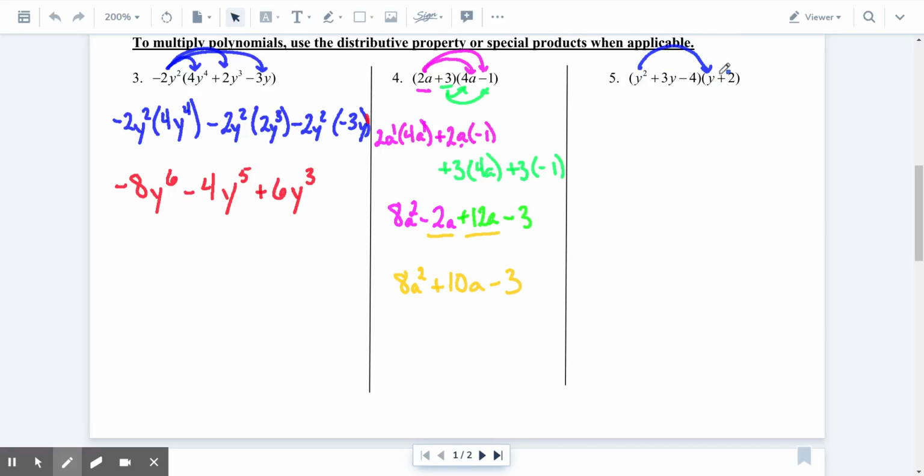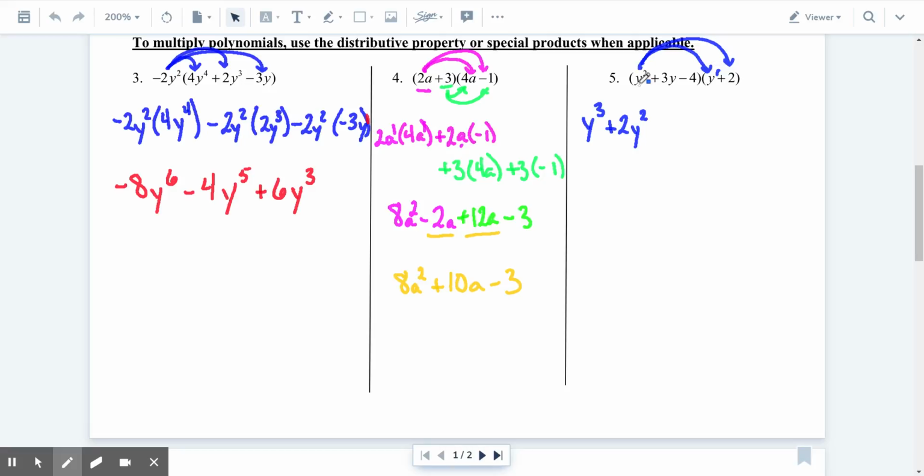And remember, this is y to the first. So y squared times y to the first is simply y to the 2 plus 1. That'd be y to the third. And we do this again. y squared times 2 would be plus 2y squared. And just check that out. We took y squared times both terms over here. I can follow my arrows.